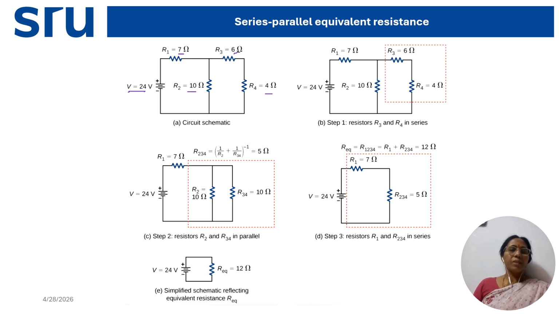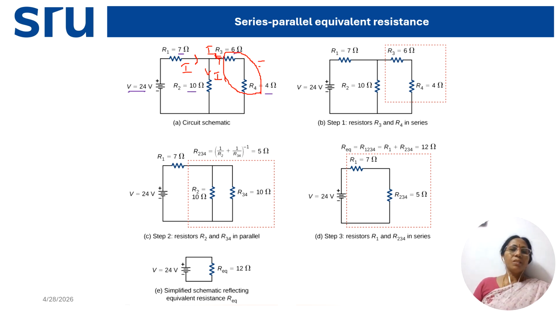But on the right side, if I take the current here as I, and this is I1 and this is I2, whatever current is flowing through R3, the same current is flowing through R4, means these two resistors are connected in series.